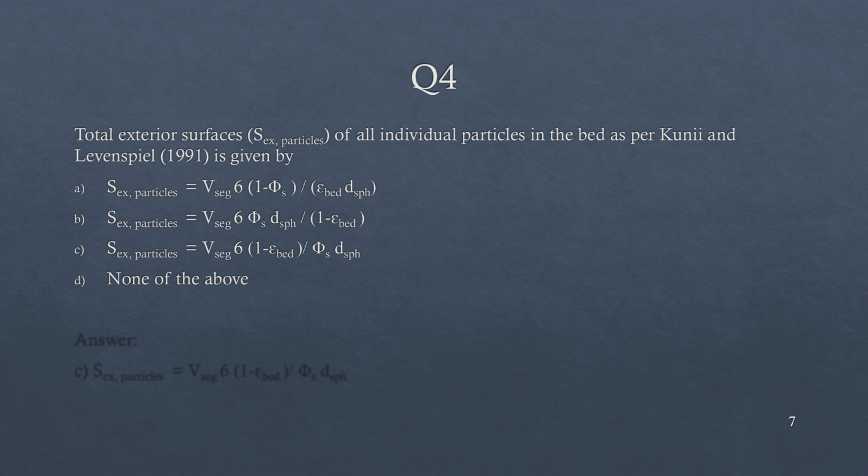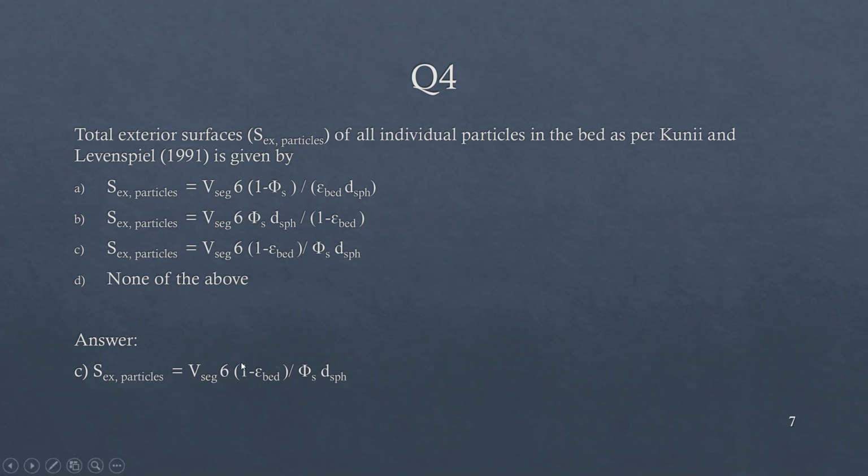So the answer is actually option C. That is, total exterior surface of the particles is equal to V_seg into 6 into 1 minus epsilon_bed by phi_s into d_sphere. We need to associate the phi_s with the d_sphere, and to get the total volume fraction of the particles inside the bed, we use V_seg into 1 minus epsilon_bed. Epsilon_bed is the void fraction and 1 minus epsilon_bed gives the total particle fraction inside the bed.